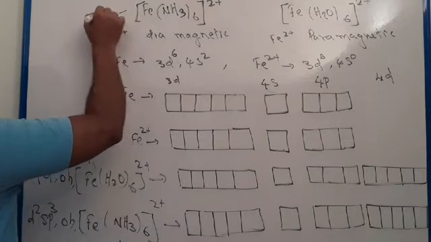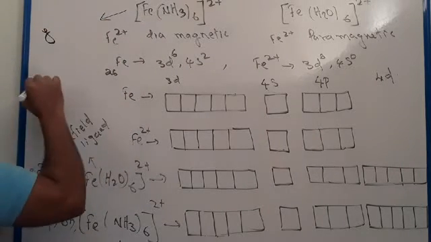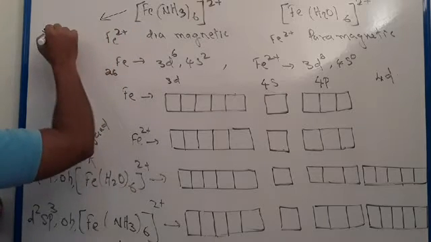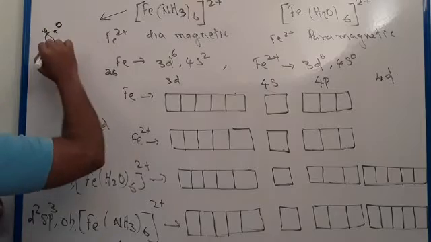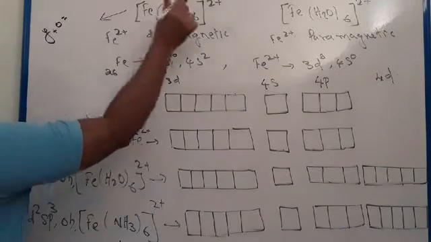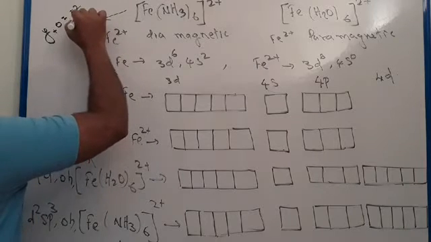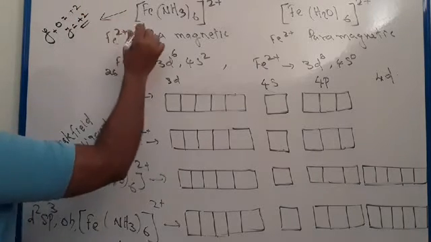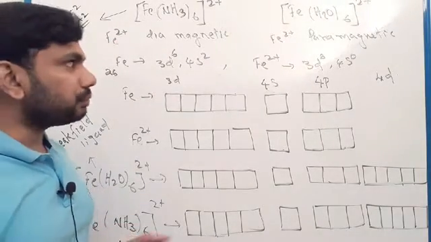For example, to find the charge of iron here, put the unknown value as Y. NH3 is a neutral ligand. Equal to the outside charge, plus 2. So the unknown value will be plus 2. So the charge of iron is 2+, Fe2+.